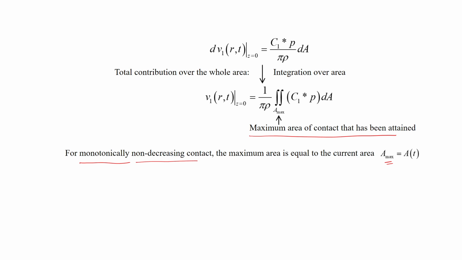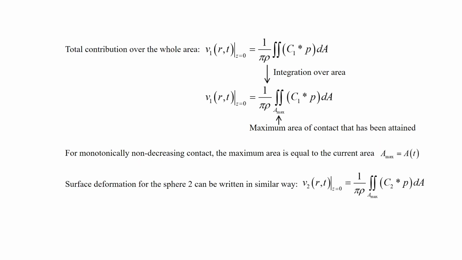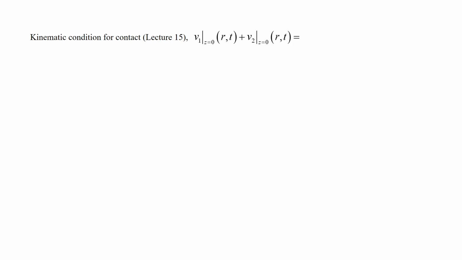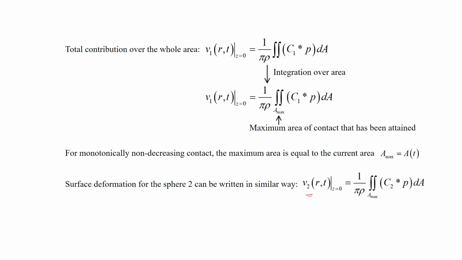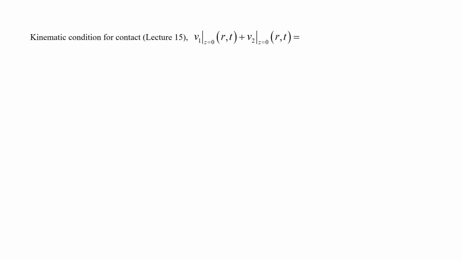What it means is the load is being applied, and because of that this area of contact is increasing, okay. So, here as I said, for this V2, that means the second sphere also we can write it like that, and so therefore we can add both this C1 and C2, and that will become equal to C here.